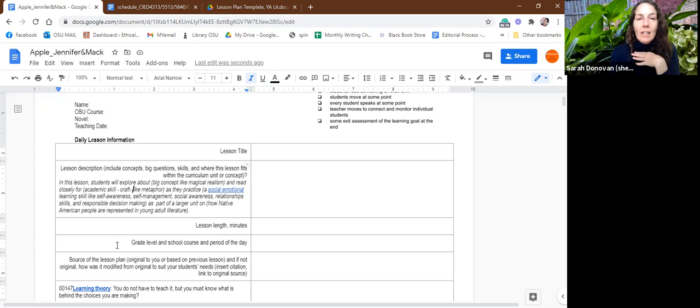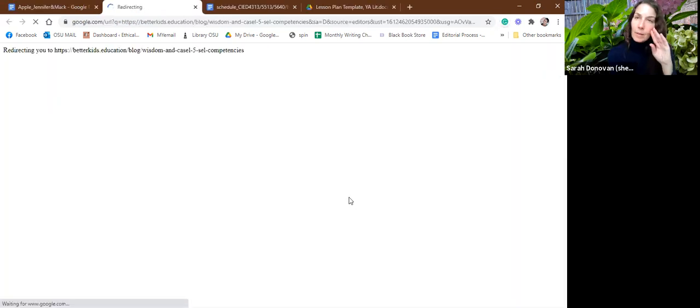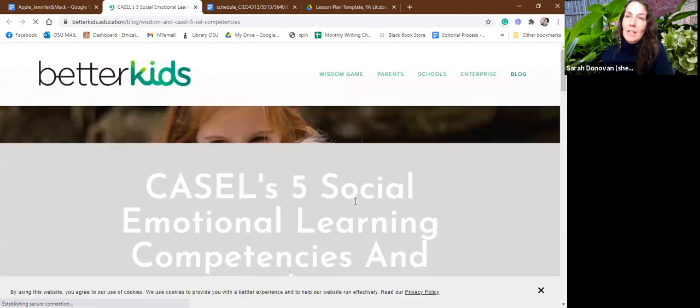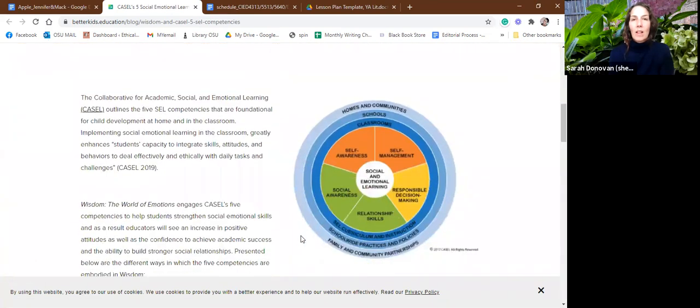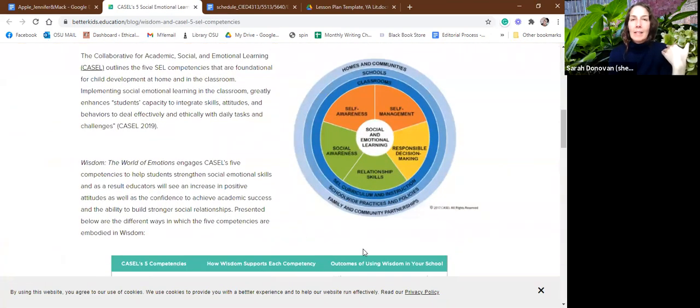And if you click on here, this will tell you a little bit more about some of the goals for social emotional awareness. This isn't a way of controlling, but it's just being aware that we're in this space with lots of different people, and learning is cognitive as much as it is affective.